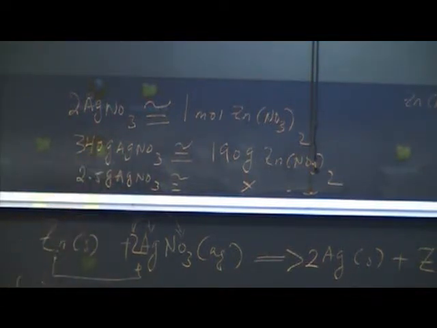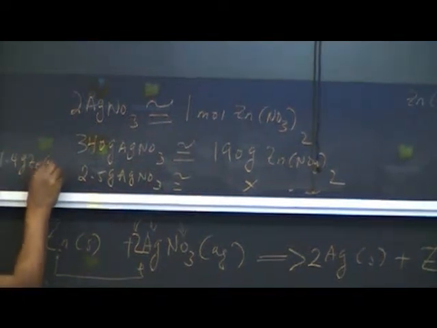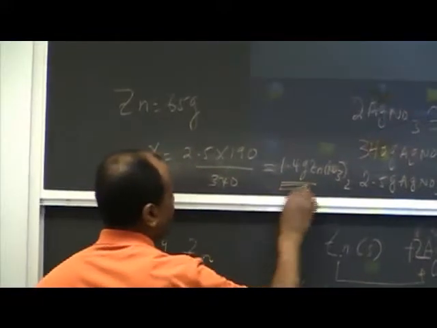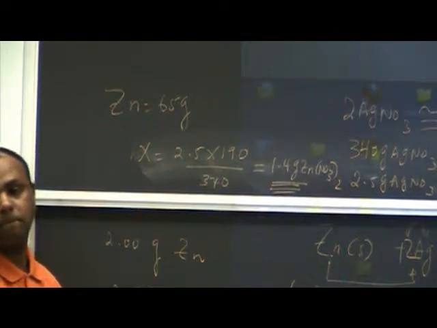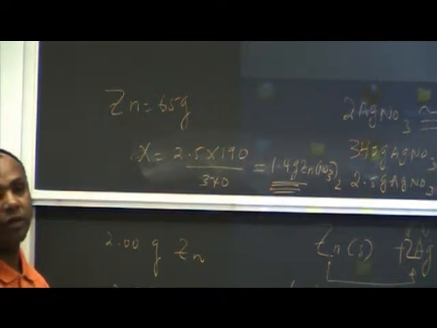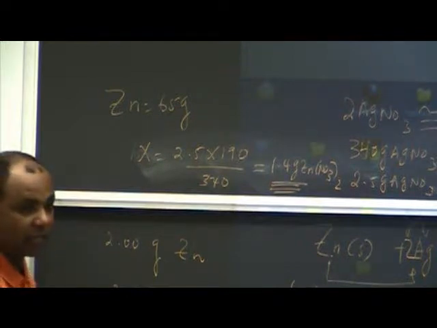I do the crisscross, which is X equals 2.5 times 190 over 340. That gives me 1.4 grams of zinc nitrate. This is the amount that we get from 2.5 grams of silver nitrate.